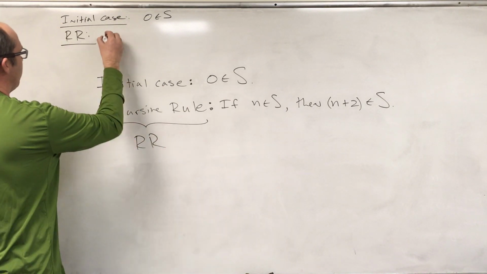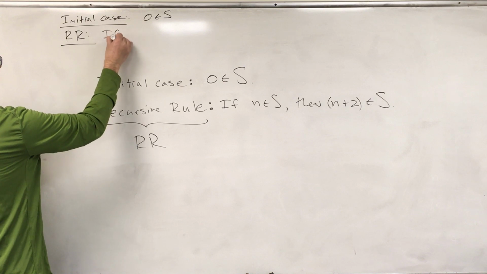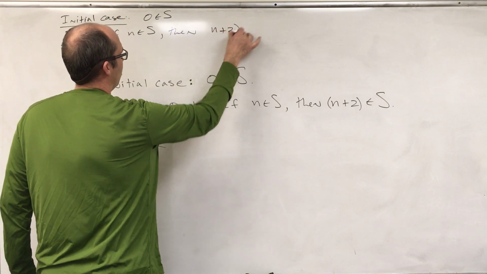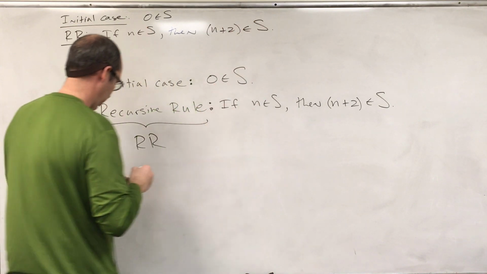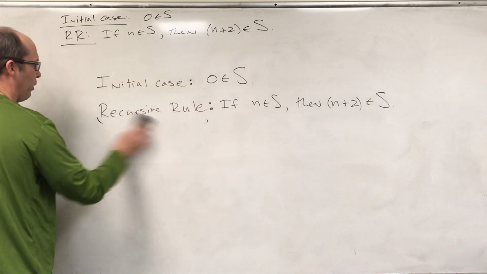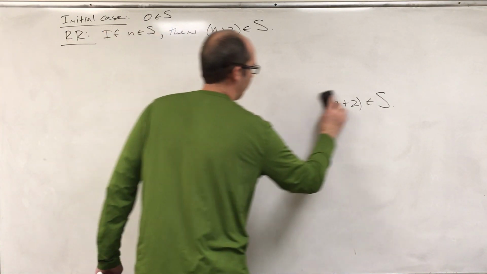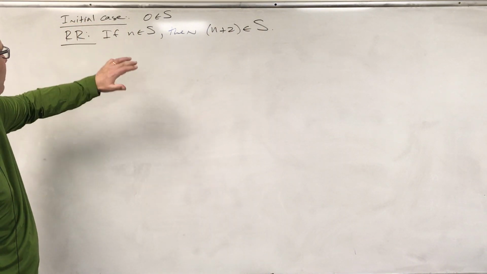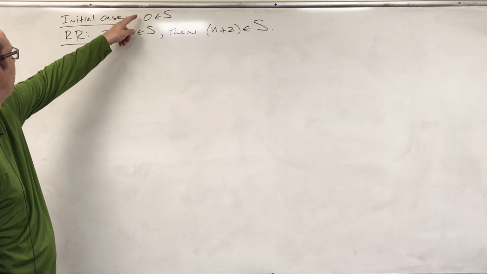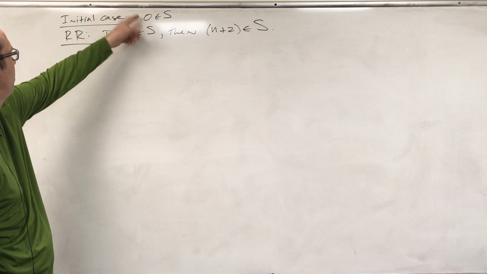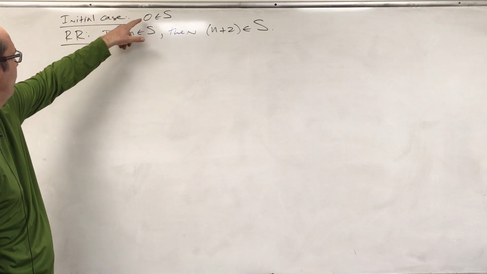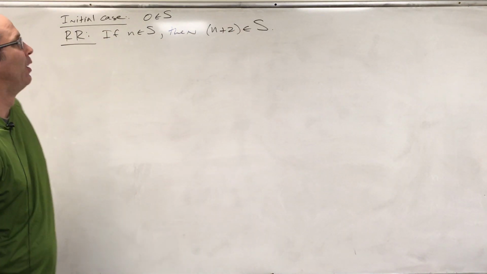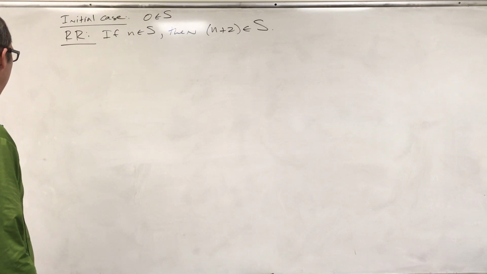The recursive rule is that if n is in S, then n plus 2 is in S. Because we're defining it with this recursive rule, we don't have to say where n lives, so we don't have to quantify. All we're saying is that we start off with 0, and then since 0 is in S, 0 plus 2 will be in S.